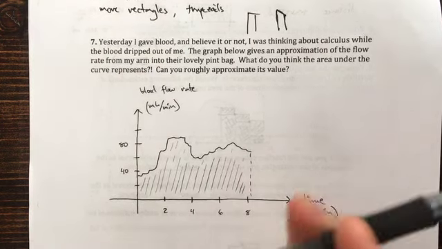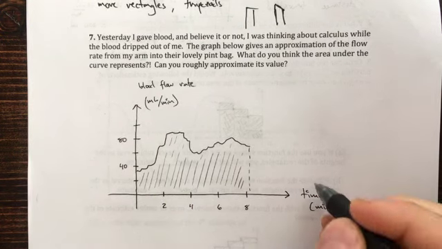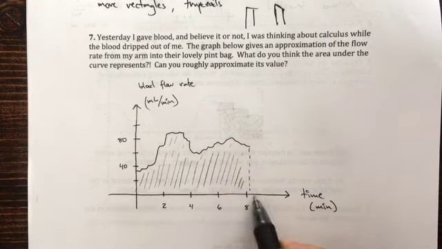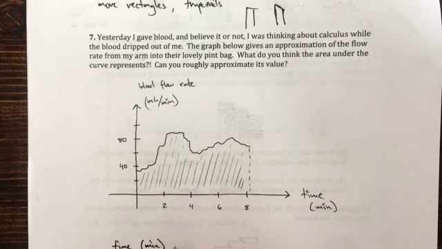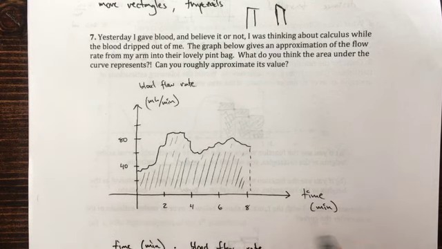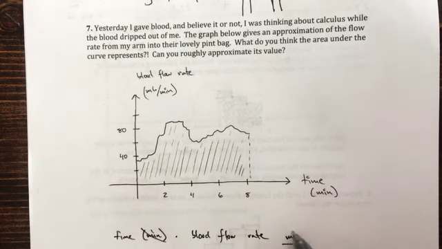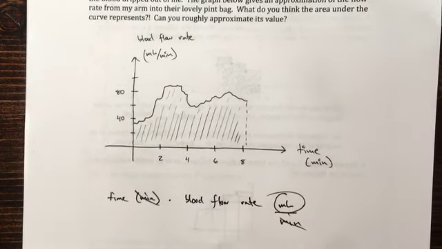So really, for area under a curve, we're multiplying this by this, right? We're taking time in minutes and multiplying by blood flow rate, which is in milliliters per minute. So when we multiply those, the minutes divide out and we should just get milliliters.